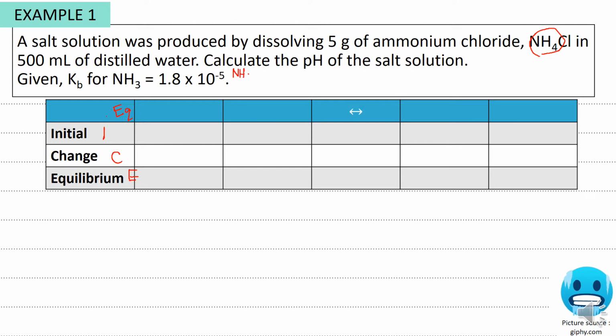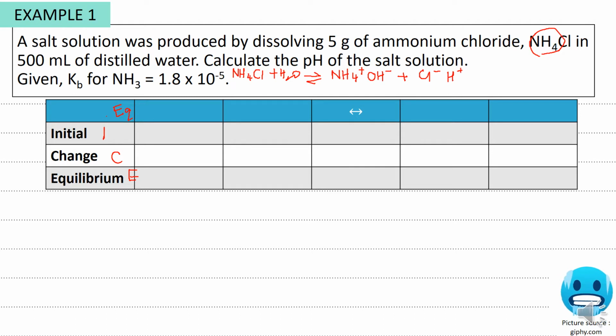NH4Cl plus water. Because it is in water, you will have NH4 plus and Cl minus from the salt. The positive ion will attach to the hydroxide from the water and Cl minus to the hydrogen ion.